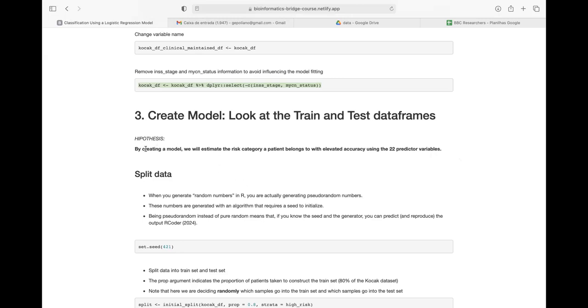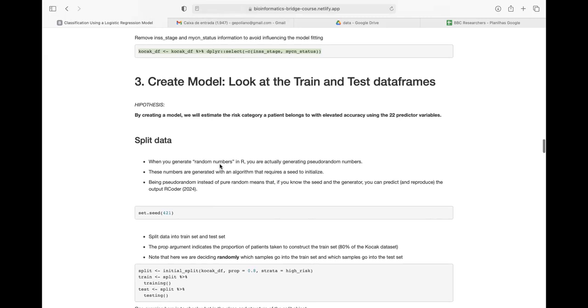And so our hypothesis here is that by creating a model, we will estimate the risk category a patient belongs to with elevated accuracy using the 22 predictor variables. Okay, we are going to be able to predict using some measurement of accuracy using these 22 variables.